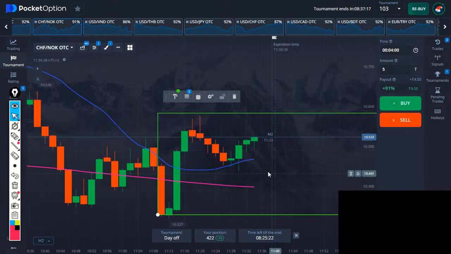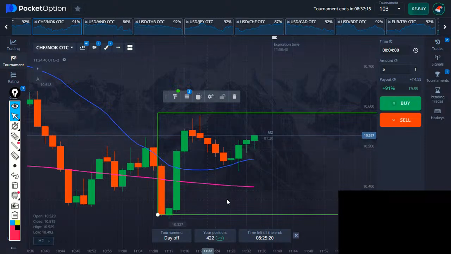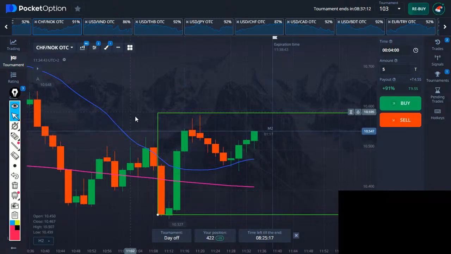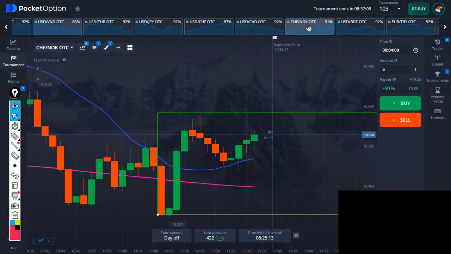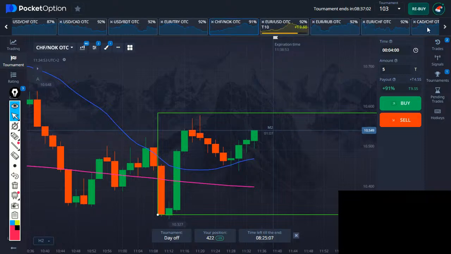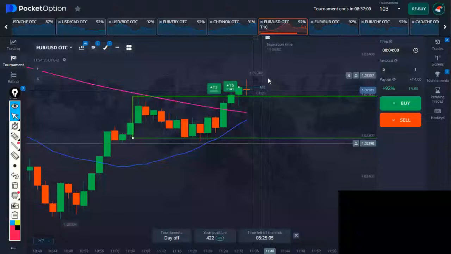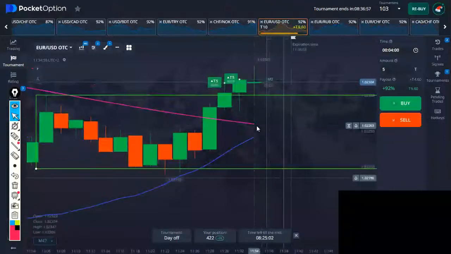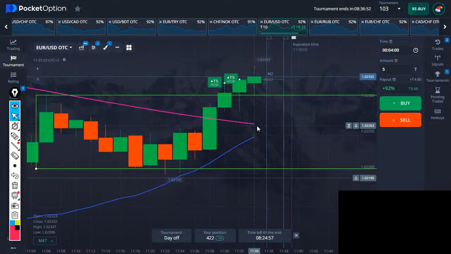Narrow state. Both moving averages are within the magic 4. We need a strong push up. Nice. Come on, keep pushing.